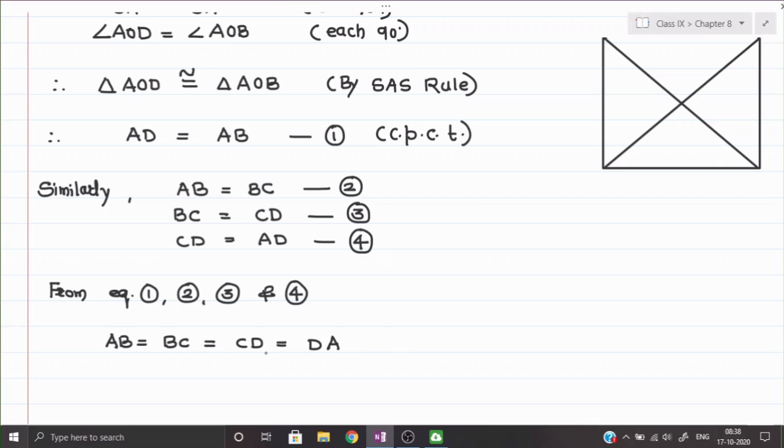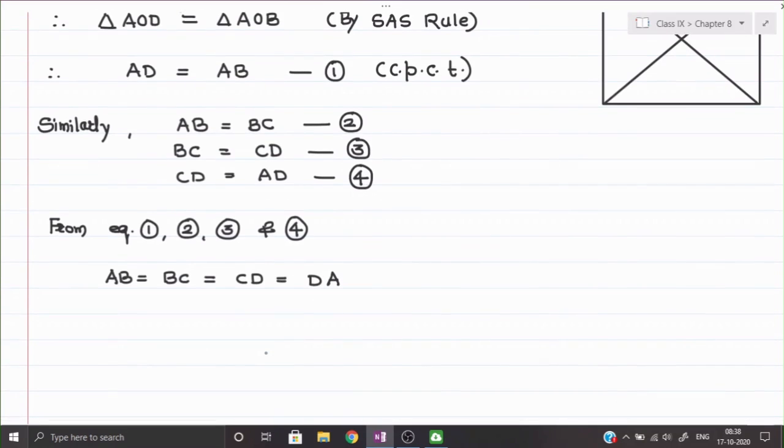So we can say that hence ABCD is a rhombus. Okay, so first of all, see what we have proved.